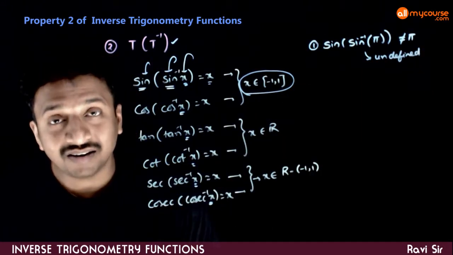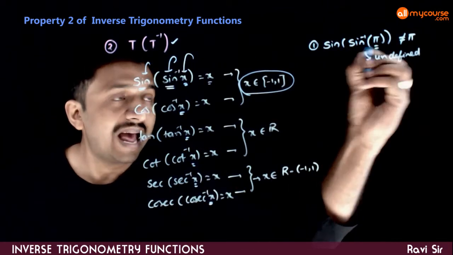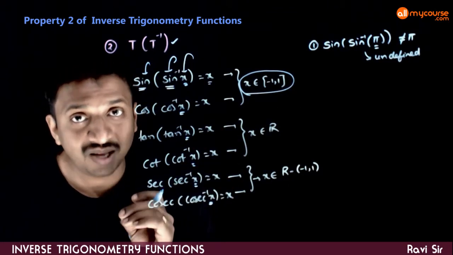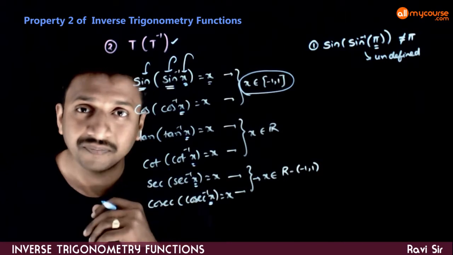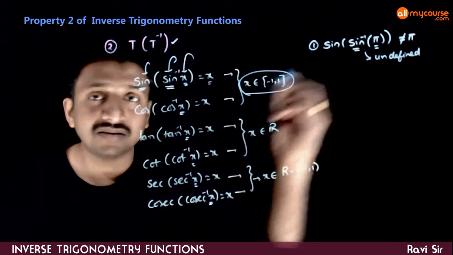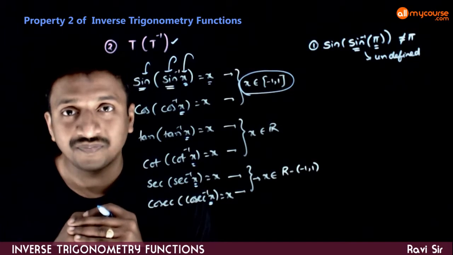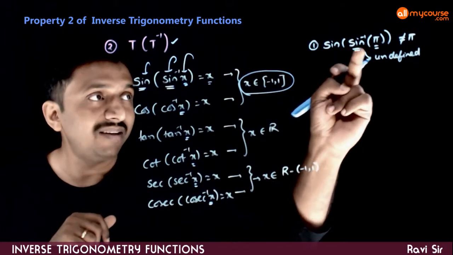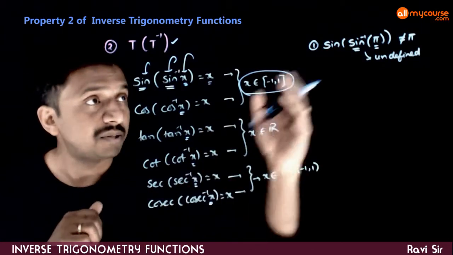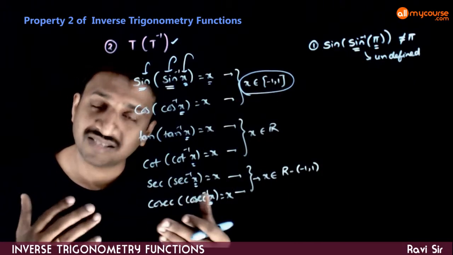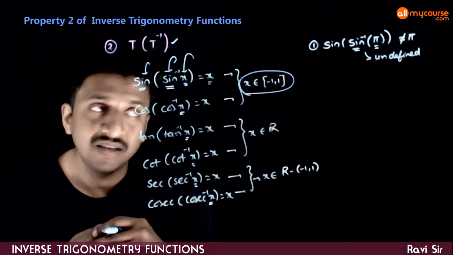Why is it undefined? Because pi as a number is 3.14 something, and sine inverse is only defined for numbers between -1 and +1. So sine inverse pi is not defined. So sine of something not defined is again not defined.